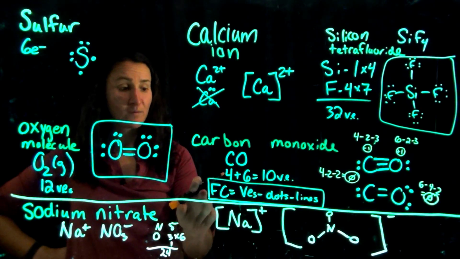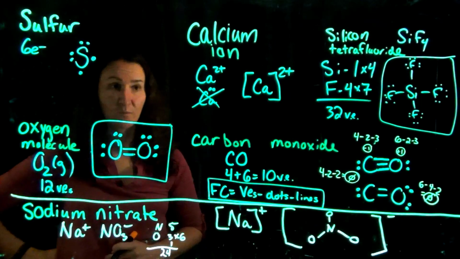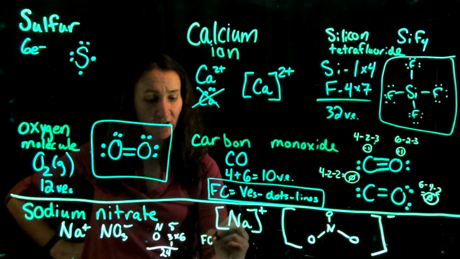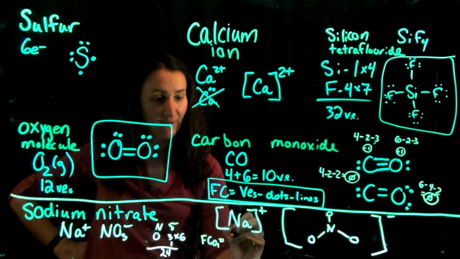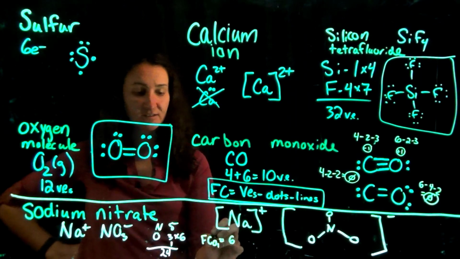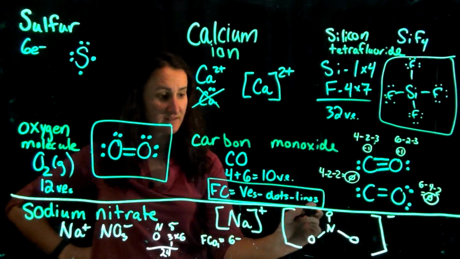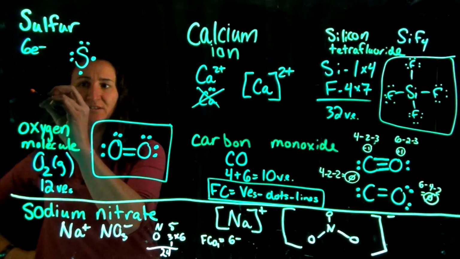But if we come here to this formal charge analysis, that's going to tell us exactly how many single and double bonds we need. Let me give you an example. Formal charge on a single oxygen, so a double bond, that would be 6. Valence electrons for oxygen is a 6 minus my dots. So if I had a single bond oxygen, let me draw this right here just so you can see it.